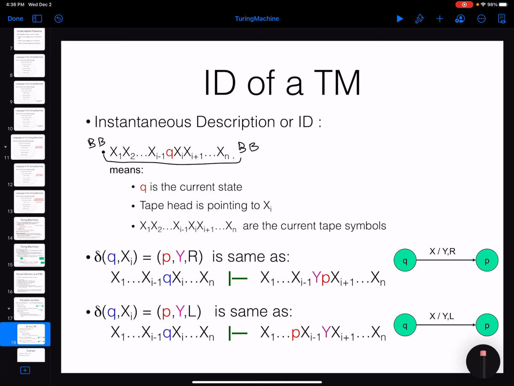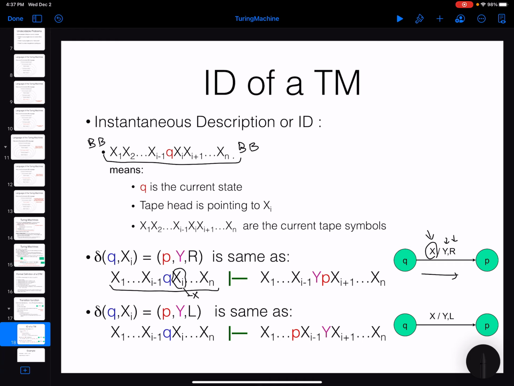So for one move, something like this transition, from the state Q over the input symbol X, you move to the state P and you write Y over the tape. So it would be something like this, where this xi is going to be X, right? This symbol.